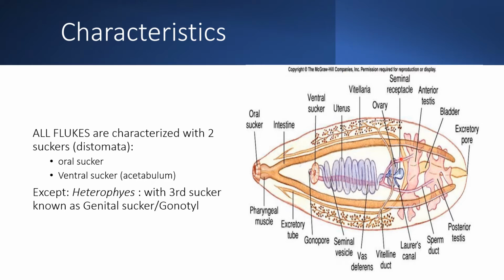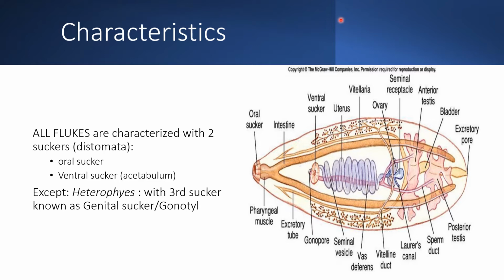As you can see, there is this duct, the sperm duct, which is the vas efferens. Then they will meet in a common duct, which is your vas deferens. The vas deferens will run via a small seminal vesicle and open at the genital pore, or gonopore, here near the ventral sucker.